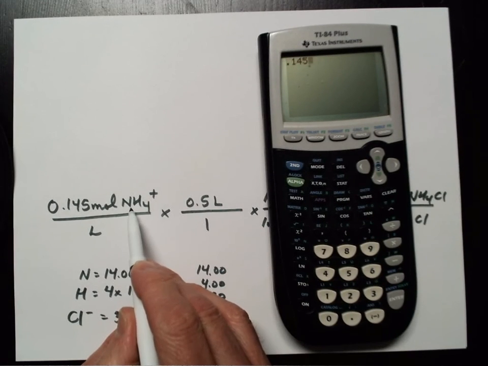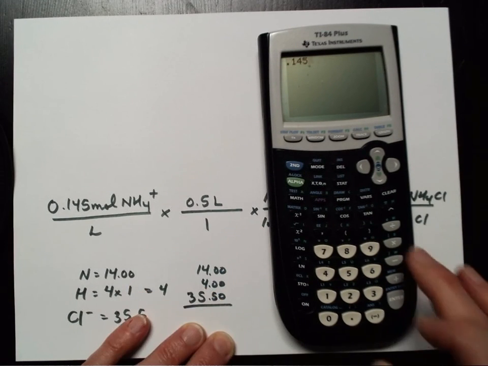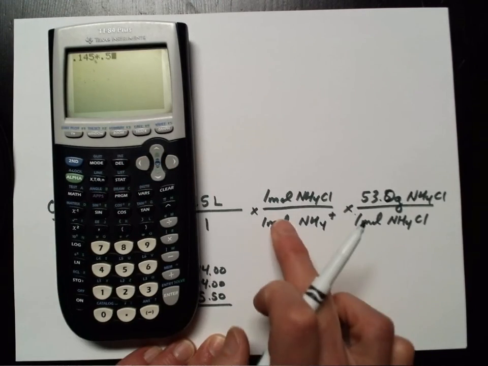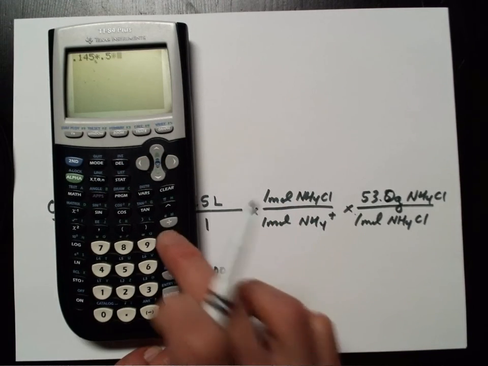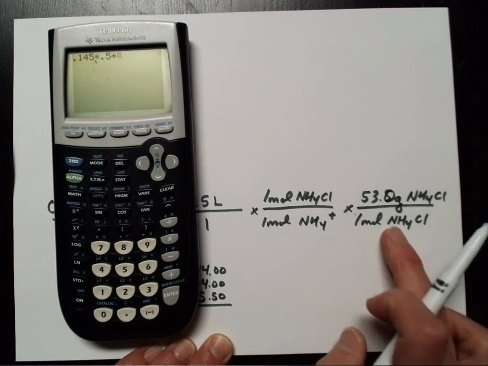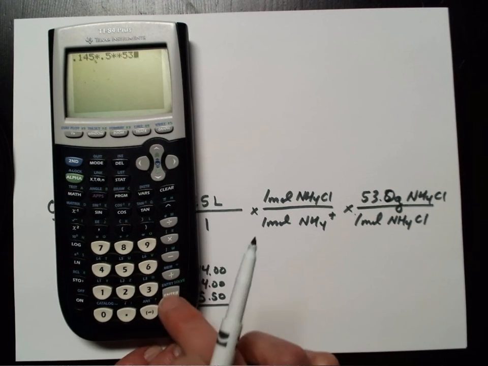0.145 moles of ammonium per liter, but I'm only doing half a liter, 1 to 1. So 1 mole of ammonium for every mole of ammonium chloride, and then I need to multiply this by 53.